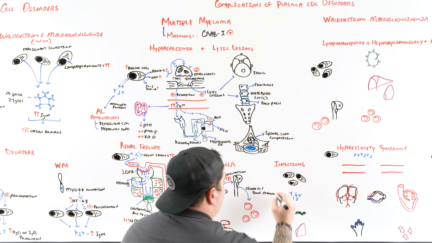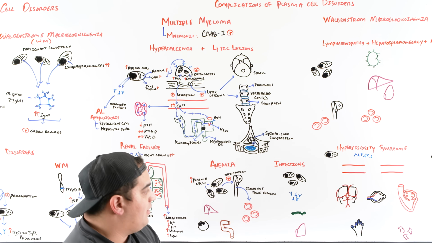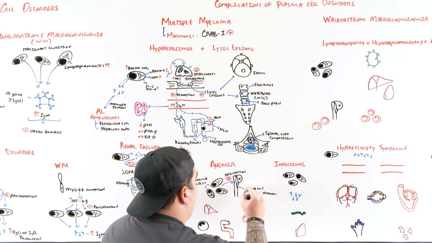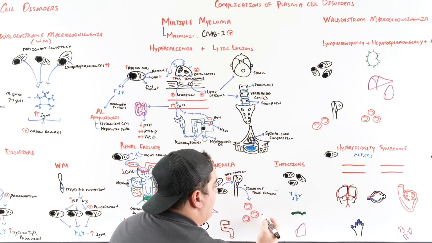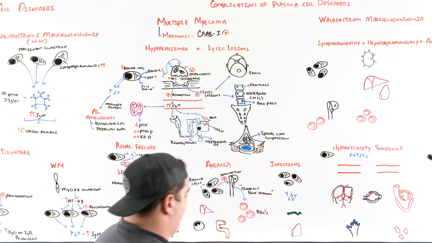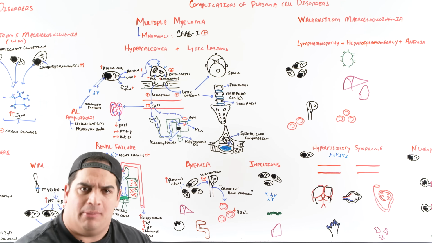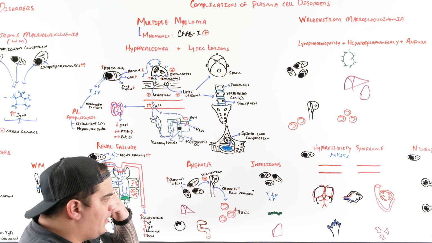It may cause cytopenias. Unfortunately, the one that we notice the most pronounced is the red cells. So if I crowd out that bone marrow, I decrease my red blood cell production, and I can end up with anemia due to that. This is more of a normocytic anemia.